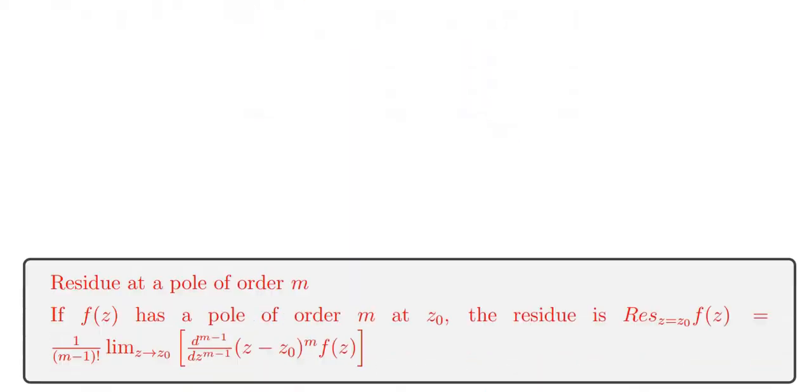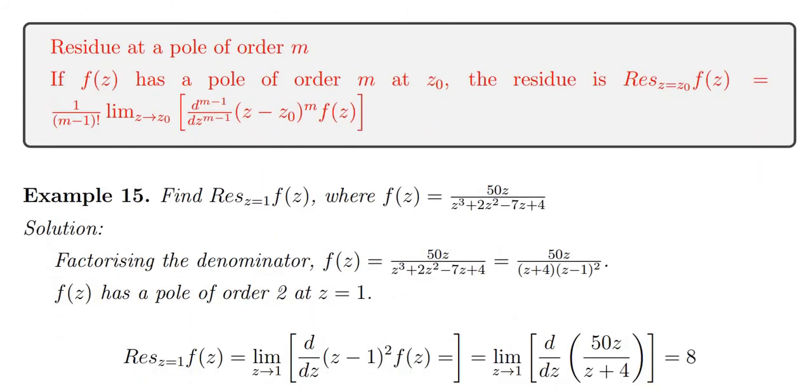If, on the other hand, we have a pole of order m, then the residue is given by the formula 1/(m−1)! times the limit as z tends to z0 of the (m−1)th derivative of (z − z0)^m f(z). For example, find the residue of f(z) at z = 1, where f(z) is 50z divided by (z³ + 2z² − 7z + 4).